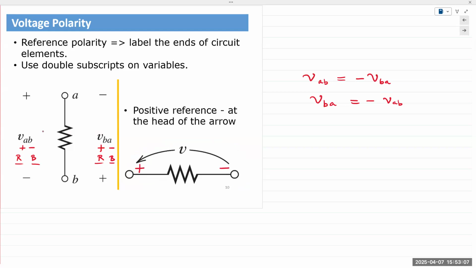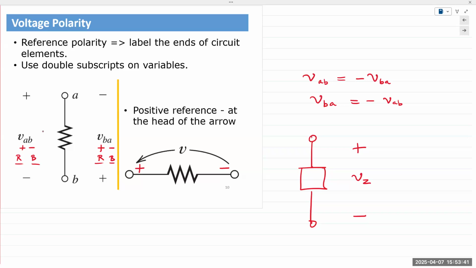Typically, voltages would be marked as, sometimes they just marked like this. There's no arrow, nothing. It'll just be a value here. It'll say 5 volts and a plus and a minus sign, and that's it. So again, it'll be your job as an electrical engineer to understand what it's trying to tell you. Okay, that's double subscript notation.